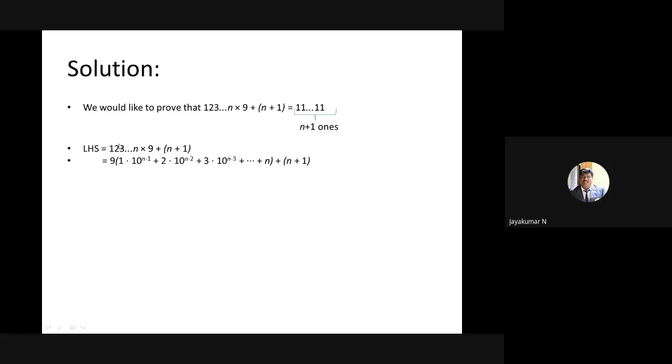Always I start with 10 power n minus 1. In the previous case, a 3-digit number starts with 10 power 2, a 4-digit number starts with 10 power 3. So an n digit number starts with 10 power n minus 1. So 1 into 10 power n minus 1, 2 into 10 power n minus 2, 3 into 10 power n minus 3, etc. The last term is n into 10 power 0, which is simply n. Plus, here I already know this is n plus 1.